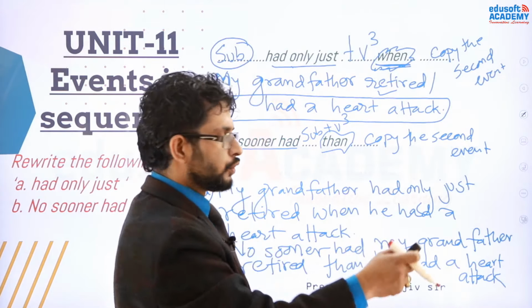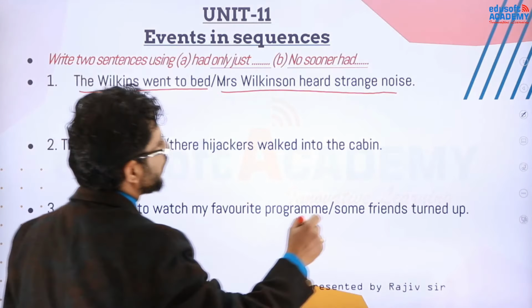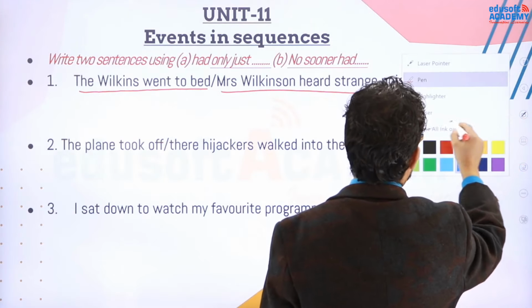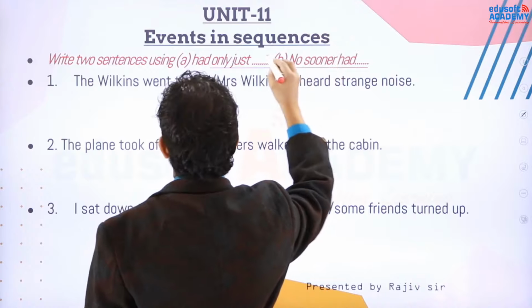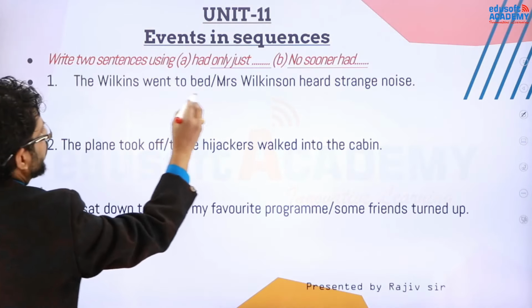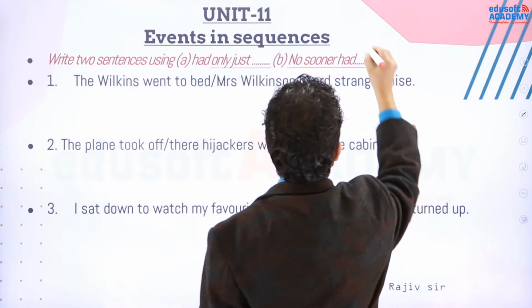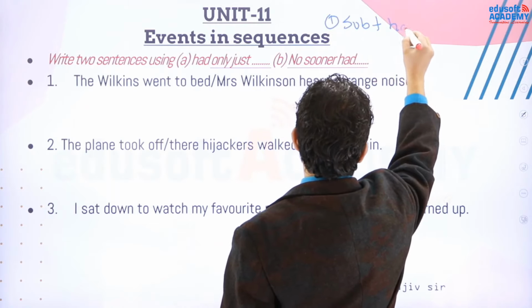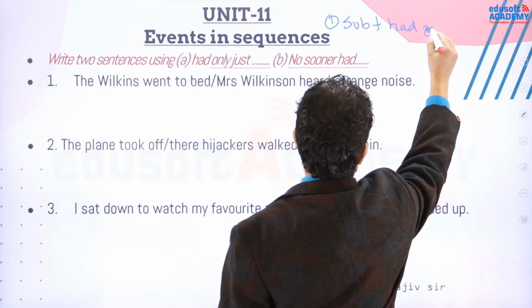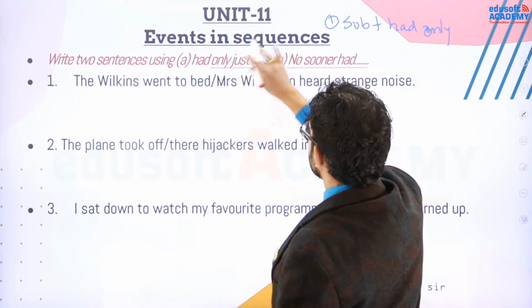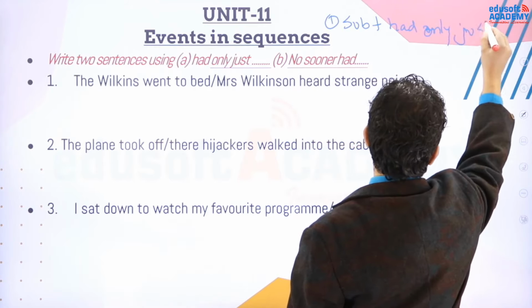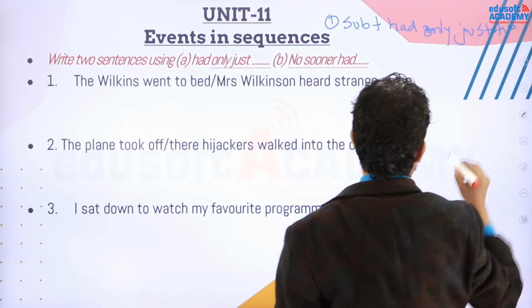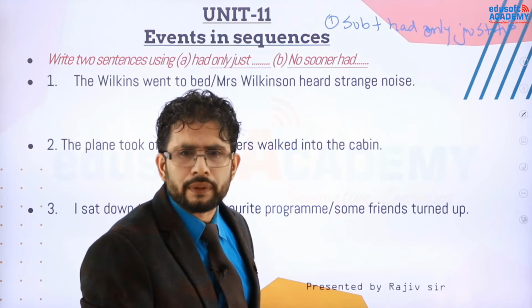Okay, let me show you over here. Whenever such questions are asked, you need to know the first structure. The first structure is subject plus had only just plus verb 3. Can you see that?